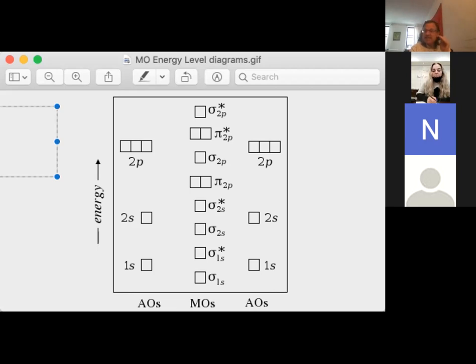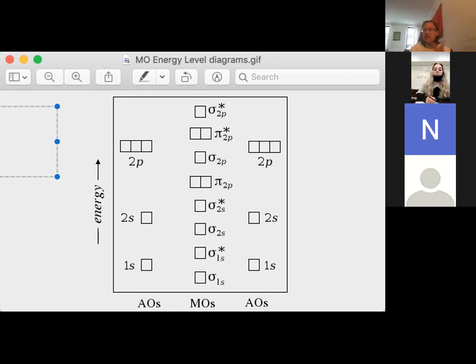And it's that center that you want to pay attention to, because that's the energy level diagram for the molecular orbitals. So notice the order. The one that's at the lowest is sigma 1s. Above that is sigma star 1s or sigma 1s star. So that's the bonding orbital that you get when you mix the 1s orbitals, and the antibonding orbital when you mix the 1s orbitals.